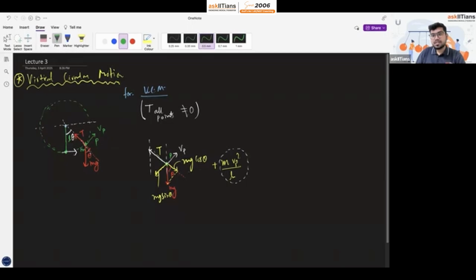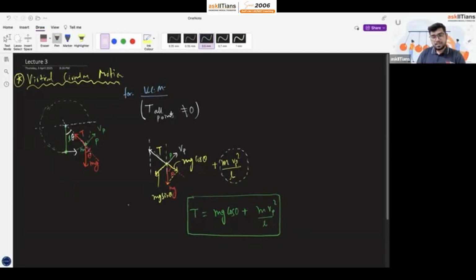Now, these two forces are on the outward side. Which force is going to balance it then? It's going to be the tension. So the tension formula we are going to get is mg cos theta plus m Vp squared by L. This is going to be the tension at any point P.